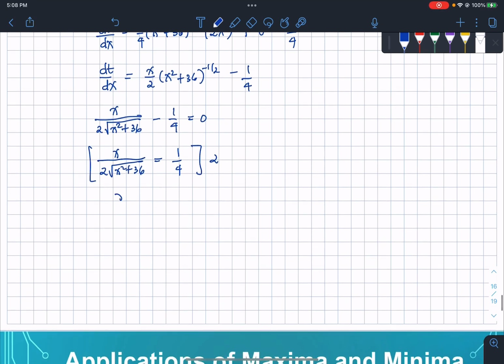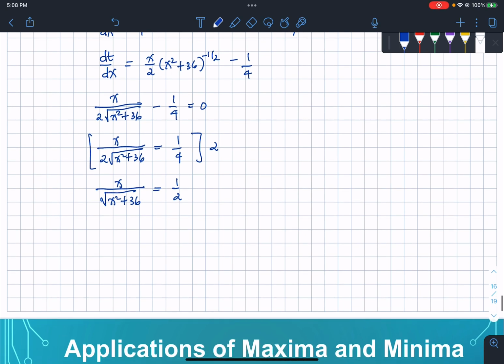So I'll have x all over the square root of x squared plus 36 equal to 1/2. So 2/4 is 1/2. And then cross multiply, x times 2, I'll have 2x, and then the square root of x squared plus 36.